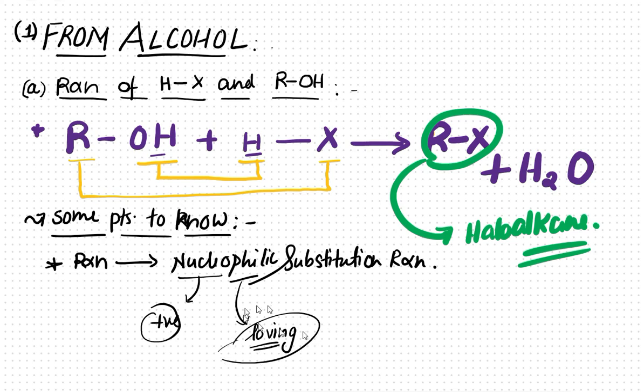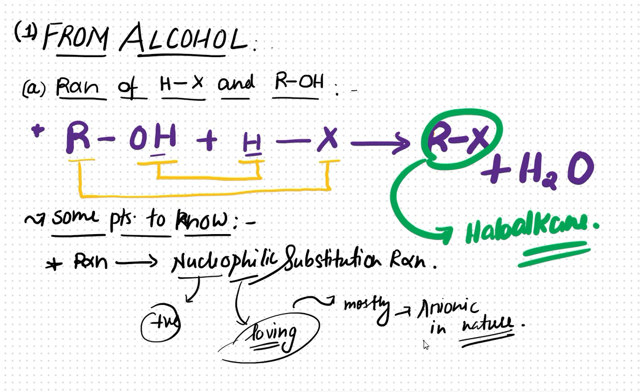They love positivity, they are attracted towards positive, and these are mostly anionic, which means they have a negative charge on them. When the bond breaks, they get a negative charge.